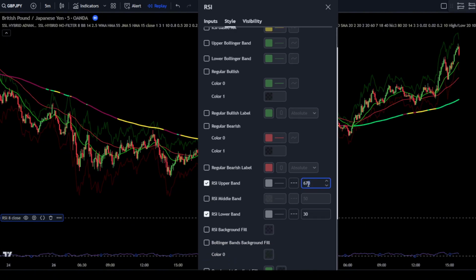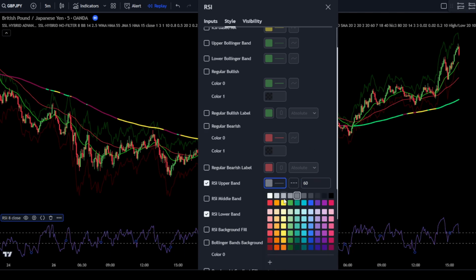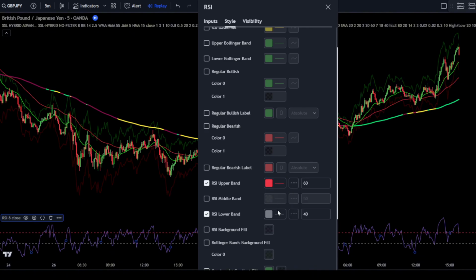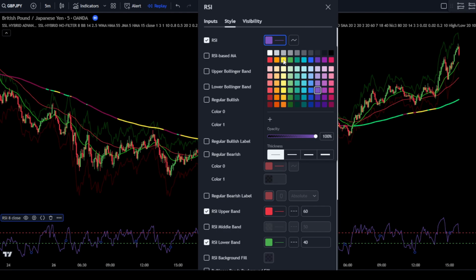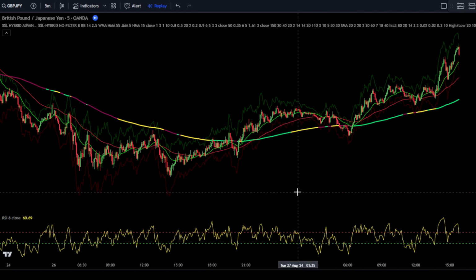Also, change the RSI lower band level to 40. For the colors, feel free to adjust them to your preference. Once done, click OK to confirm the changes.